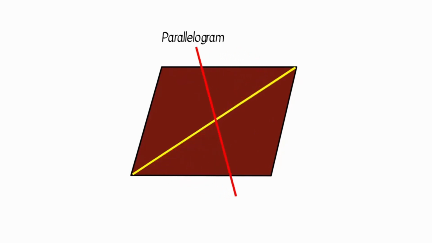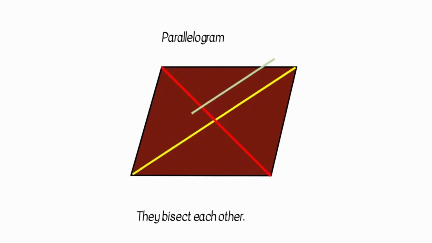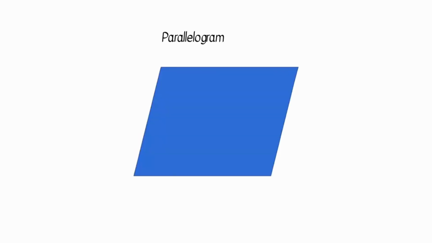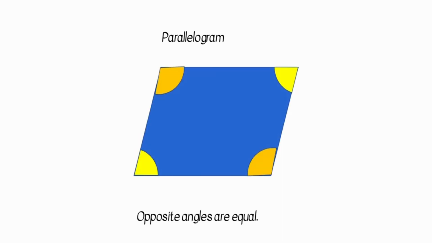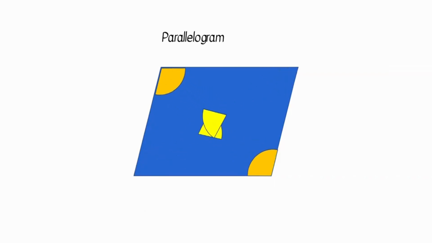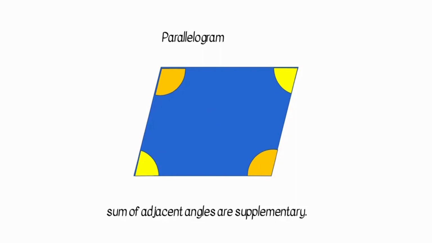They bisect each other. Opposite angles are equal. And the sum of any two adjacent angles is 180 degrees.